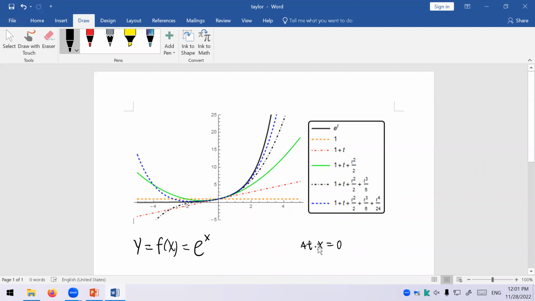In this case, because the expansion we did is at x equals 0, the approximation is the best in the region around x equals 0.